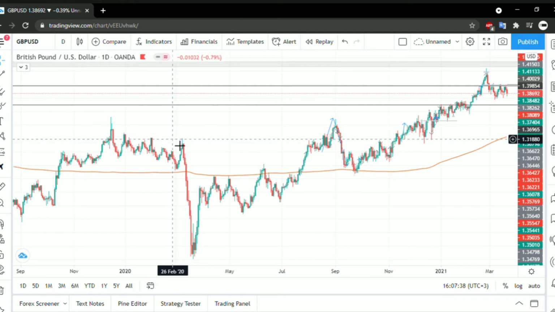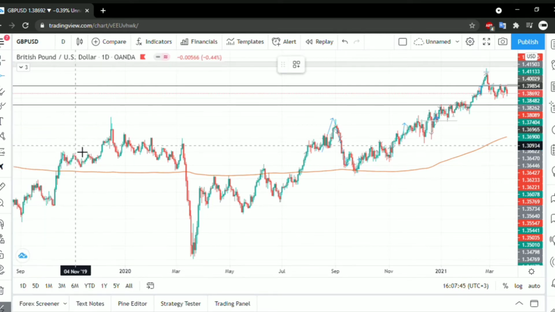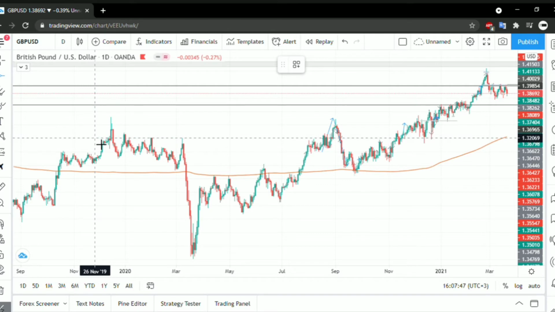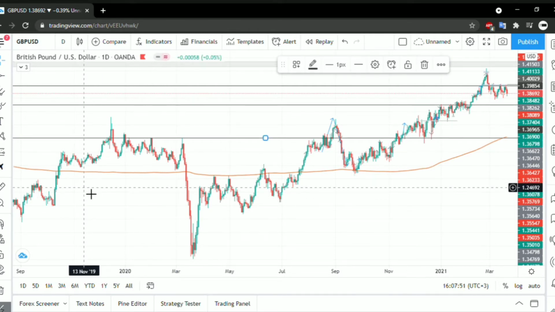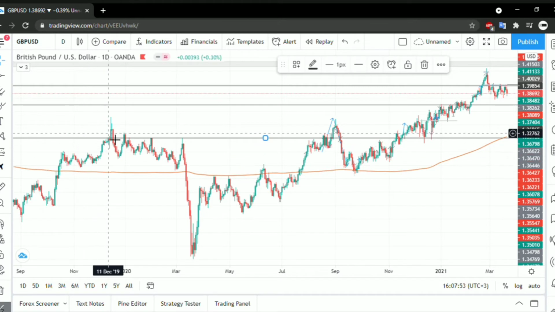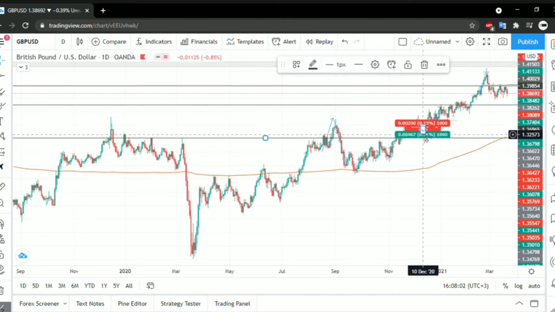So right now I can just clearly see here, so we come to this sidebar on the left and we choose horizontal line. So let's place it here. As you can see, from this point we are able to see that we've touched here once, twice, thrice, 4 times, 5 times, 6 times, 7, 8, 9.